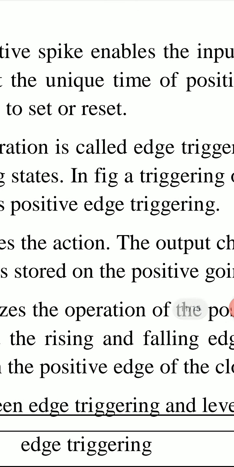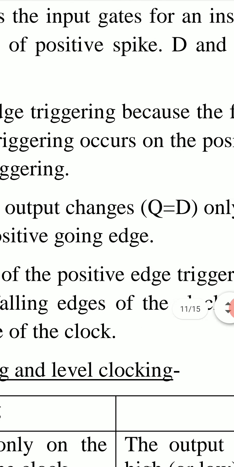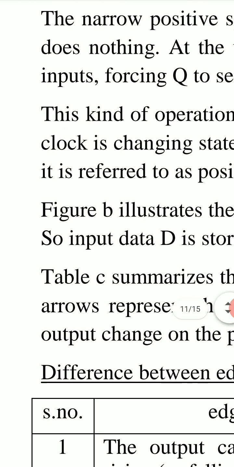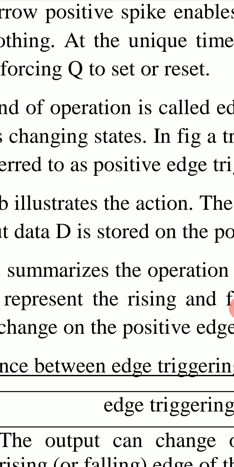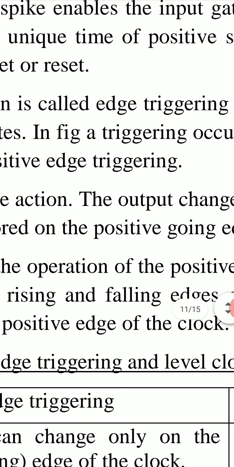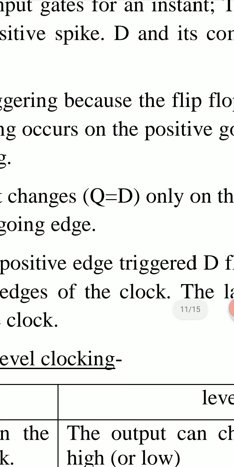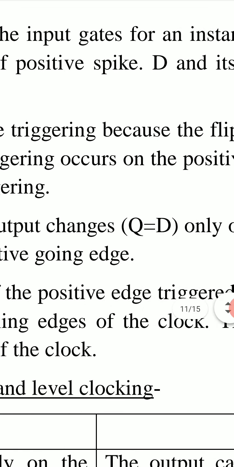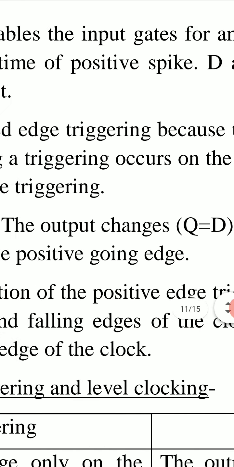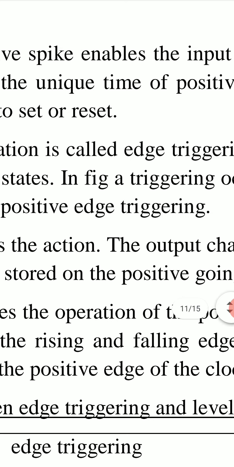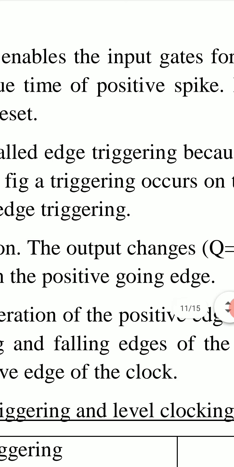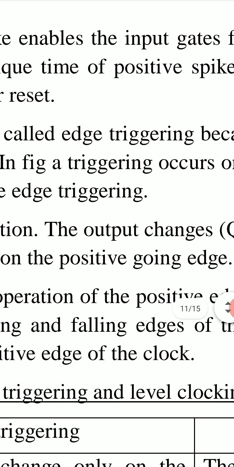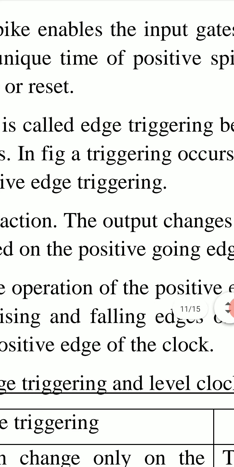So at the unique time of positive spike, D and its complement hit the flip-flop inputs, forcing Q to set or reset. Output Q will be set if D is 1 and it is reset if D is 0. So output Q will be equal to input data D at the positive spike, at the unique time of positive spike.